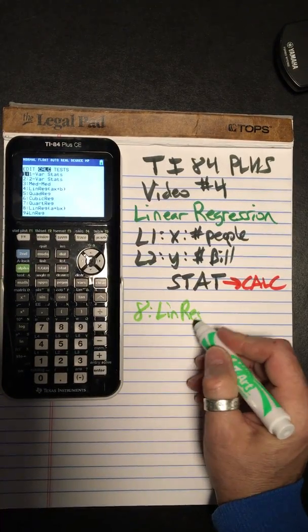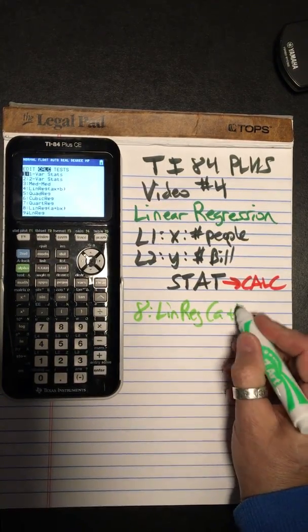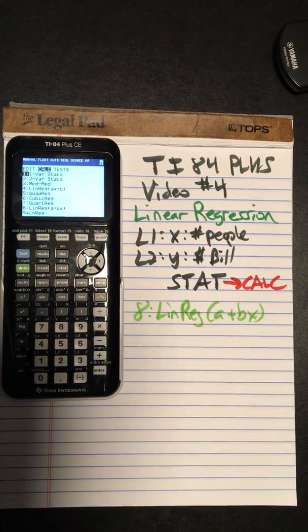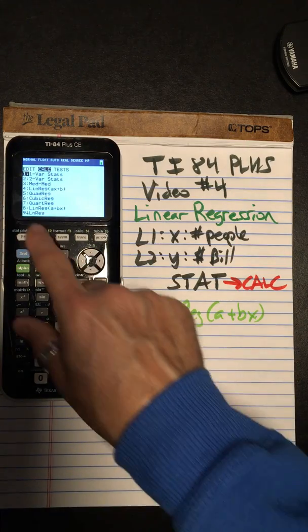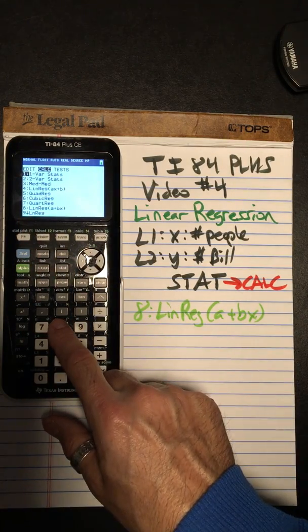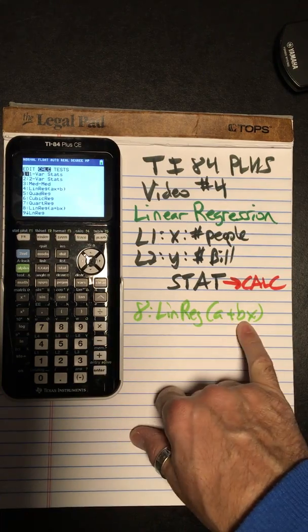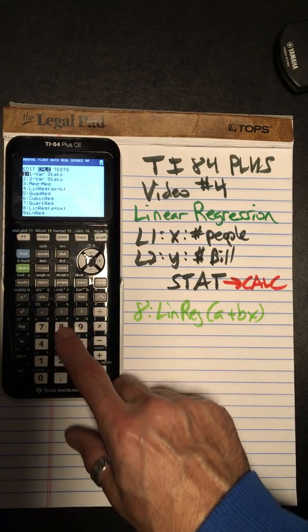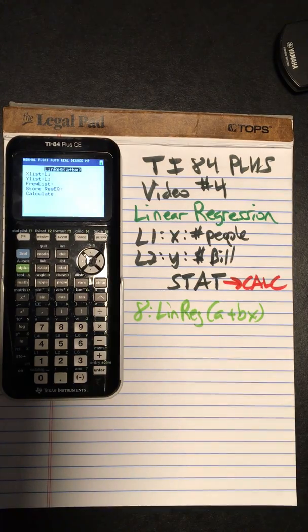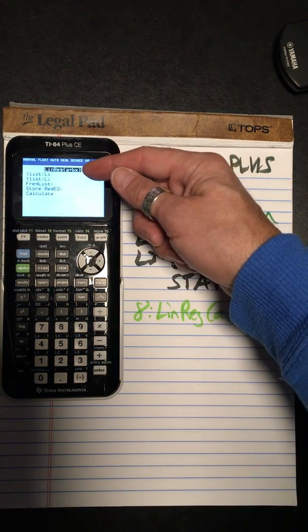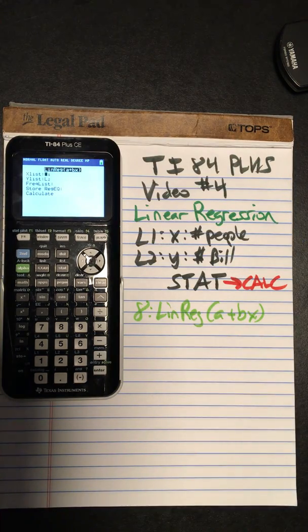Now you will notice there's number 4, which looks very similar to number 8, but the slope and y-intercept variables are interchanged. Most statistical programs, like I said, like to have the y-intercept first and then the slope. So we're going to go ahead and press number 8. And you can see that we have linear regression, a plus bx.